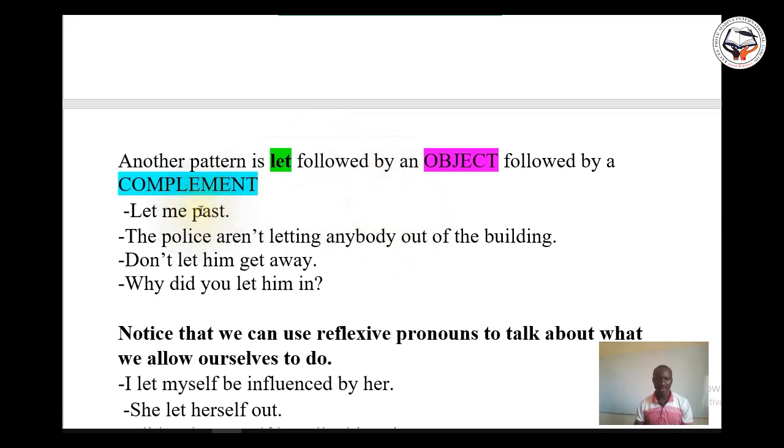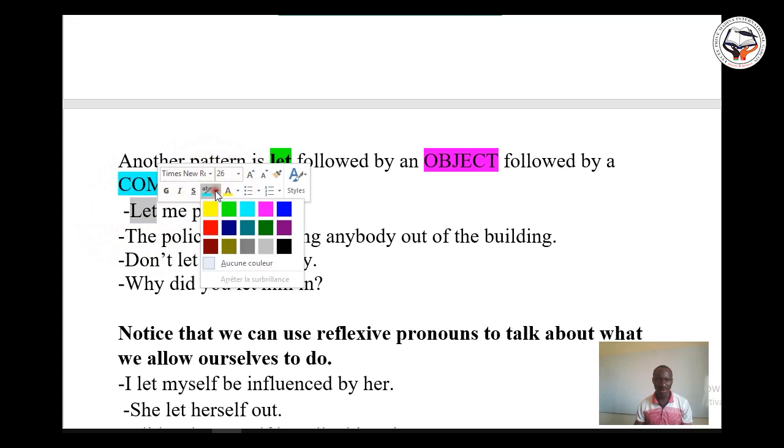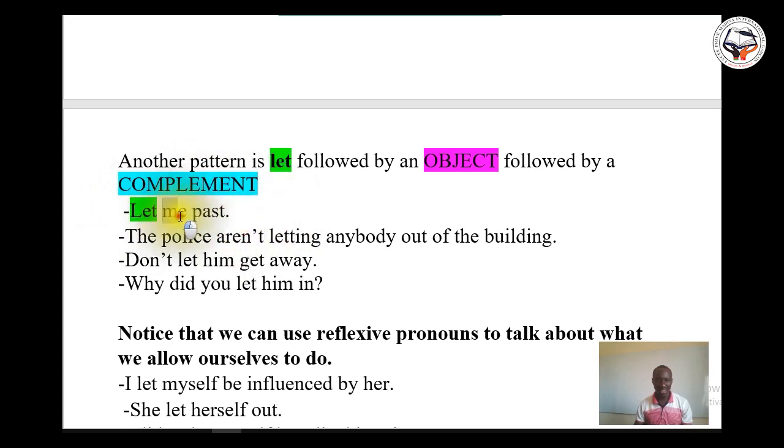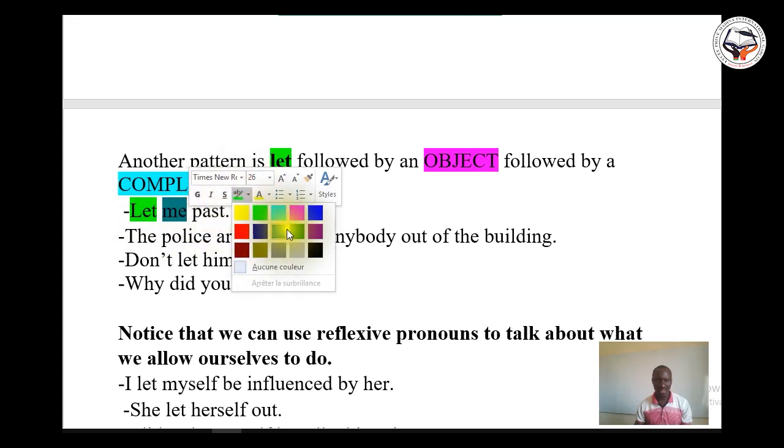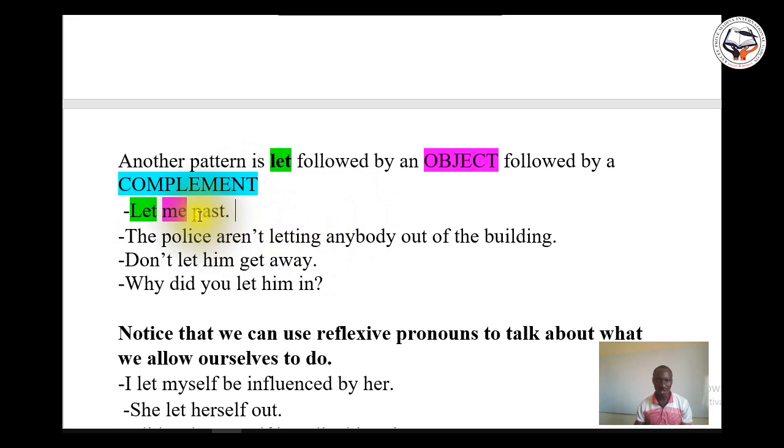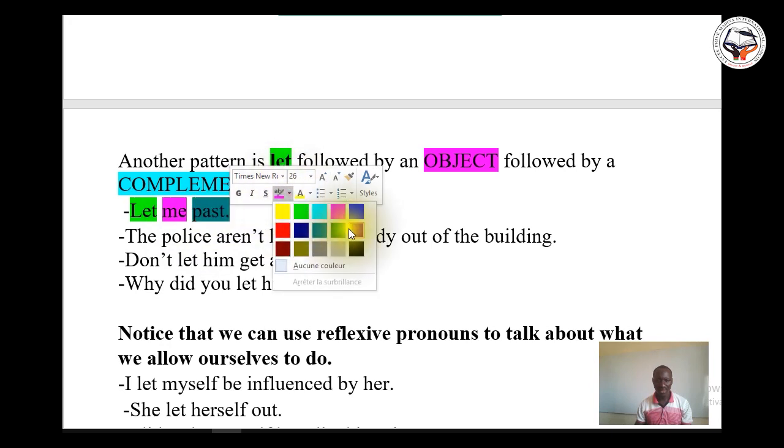So we have let me pass. Let is our element, me is the object, and pass is the complement. I think that it is very easy.